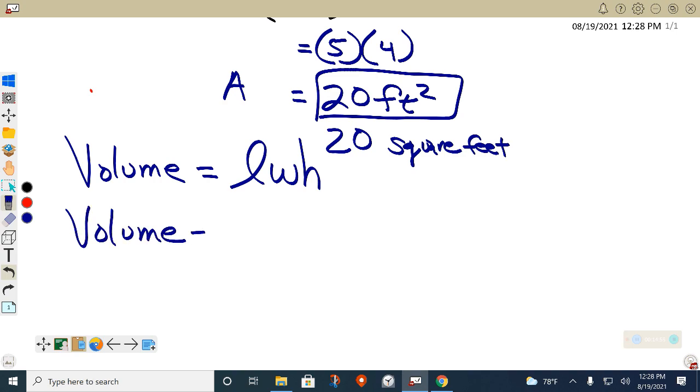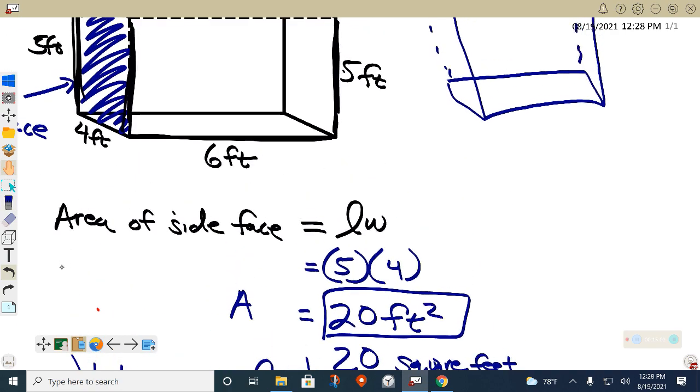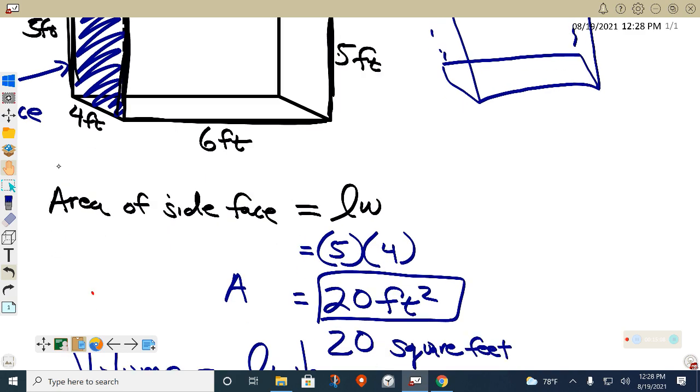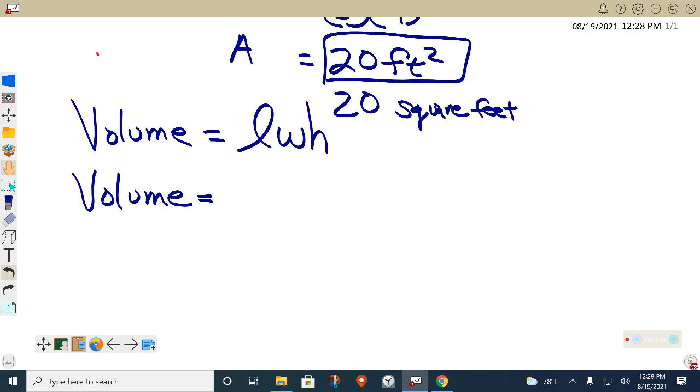the length is 6, the width is 4, the height is 5. Right, Robles? Yeah. 6 times 4 times 5.